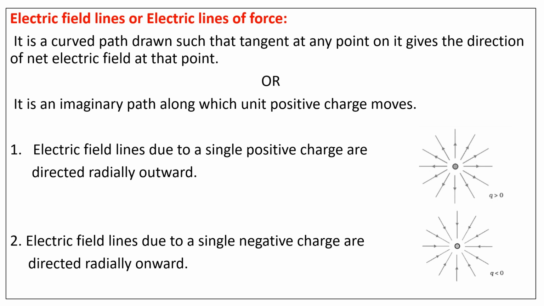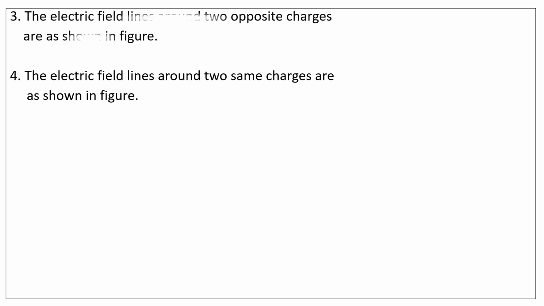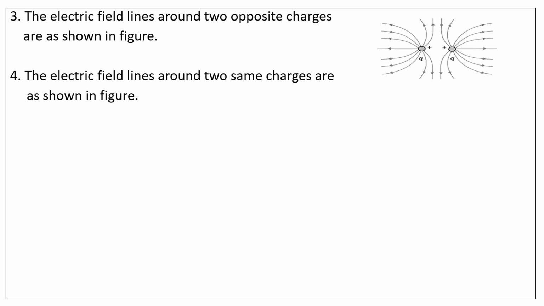Electric field lines due to a single positive charge are directed radially outward. 2. Electric field lines due to a single negative charge are directed radially inward. 3. The electric field lines around two opposite charges are as shown in the figure. The electric field lines around two same charges are as shown in the figure.